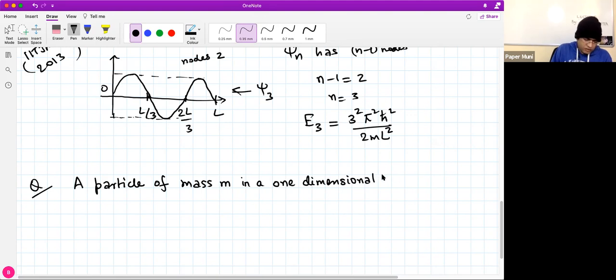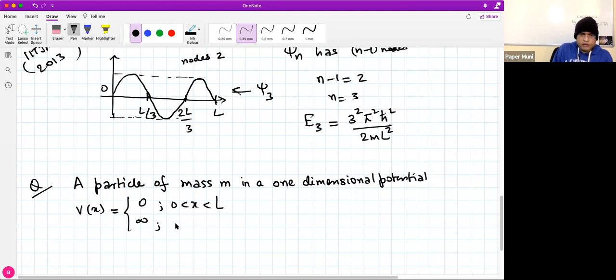Okay, so we have this potential, that is V(x) is equal to 0 inside, and infinity outside. Sometimes there is an inequality like this, and sometimes it's not there.